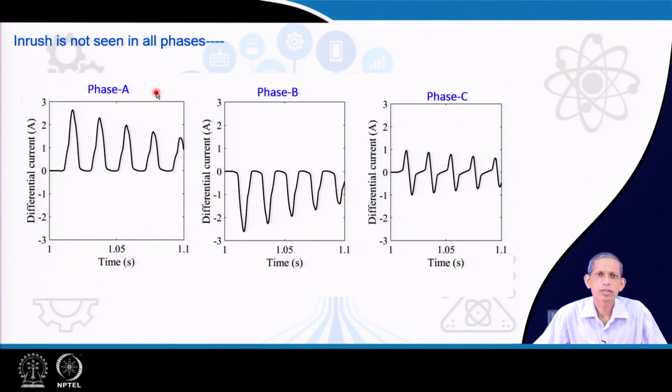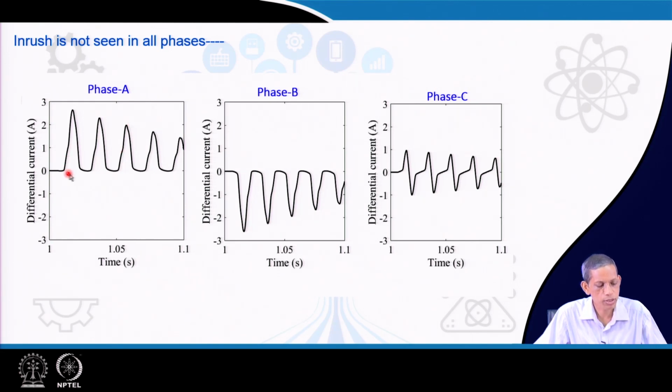This inrush has various other issues. Whenever inrush happens, all the phases are switched on, since this is a 3 phase situation, through the different poles of a circuit breaker. It is observed that not all the phases see large current due to this inrush situation.